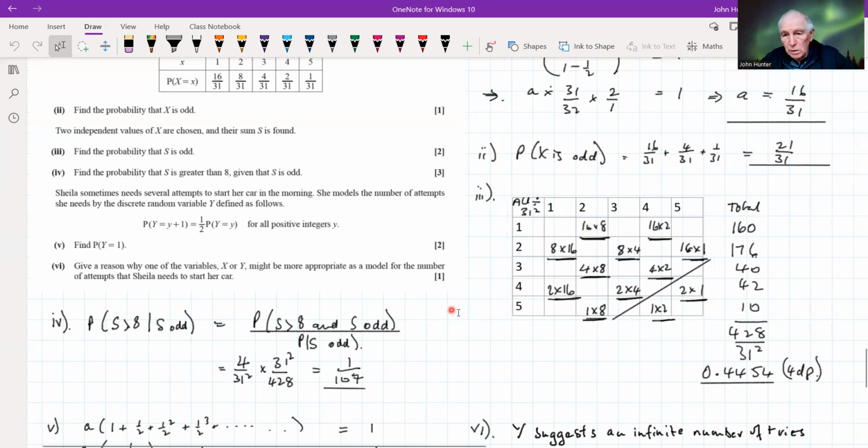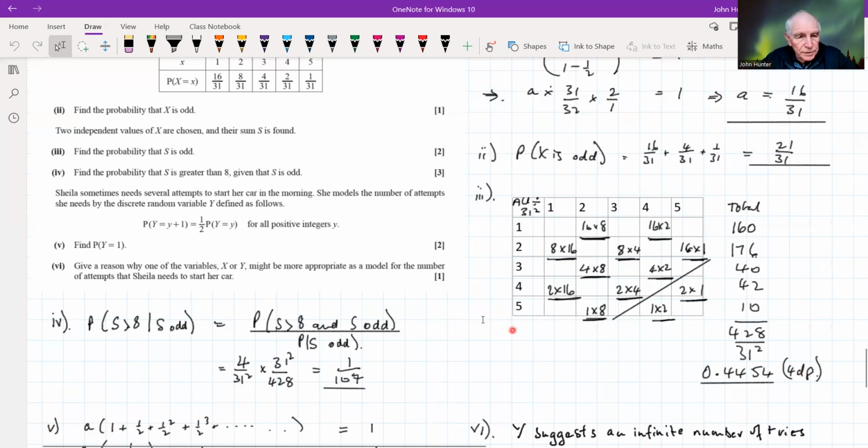Okay, so if we add all these up, and I've added them up, and again, all these numbers are divided by 31 squared. All these rows come to 428, so it's 428 divided by 31 squared, which equals that. So the probability that S is odd is 0.4454 to 4 decimal places.